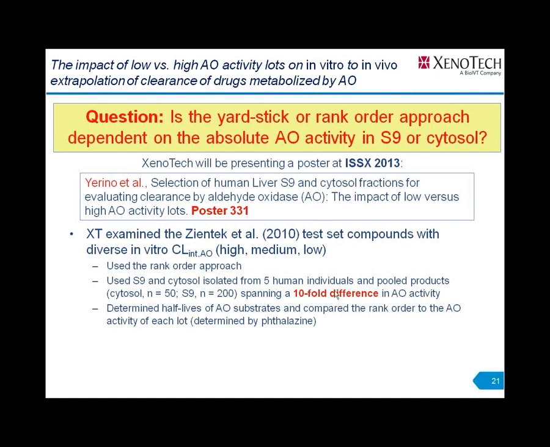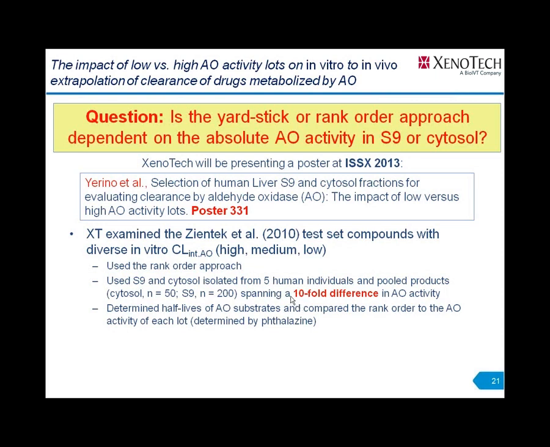In this particular case, we used 5 human individual lots of both S9 and cytosol, and we also examined our pooled products. We looked at our pool of 50 cytosol product and our pool of 200 S9 product. And it's important to note that these 5 individuals, including our pooled products, span almost a 10-fold difference in AO activity, which we determined by phthalazine.